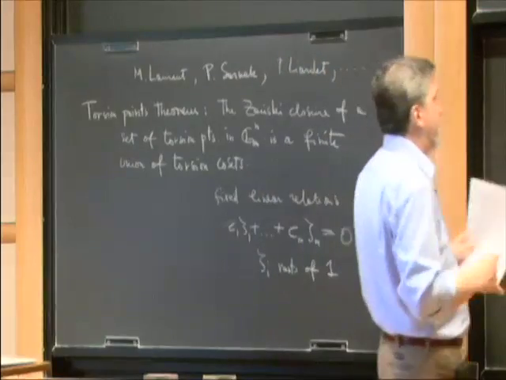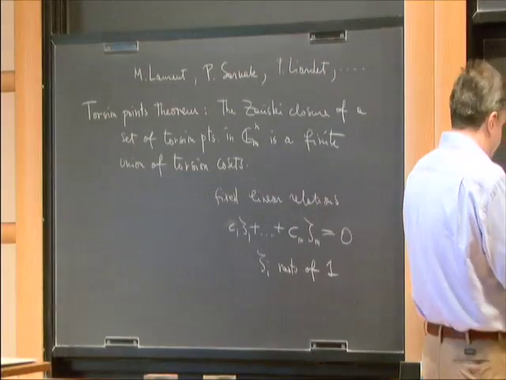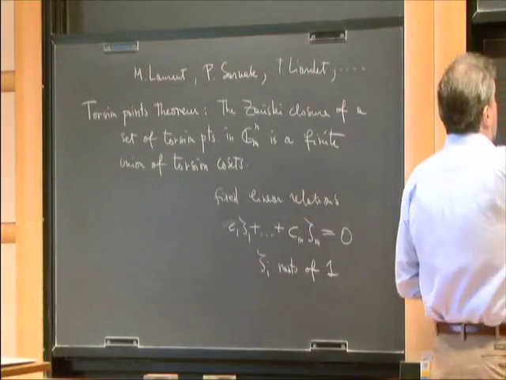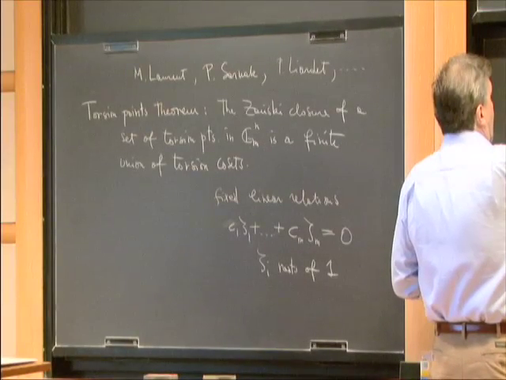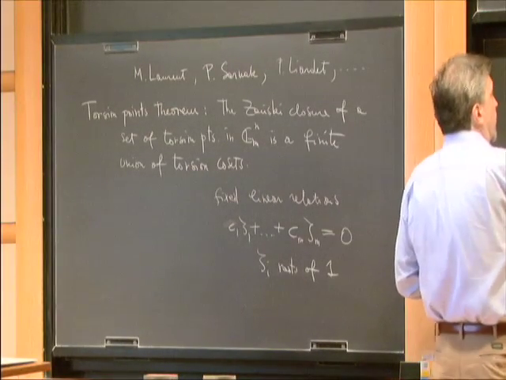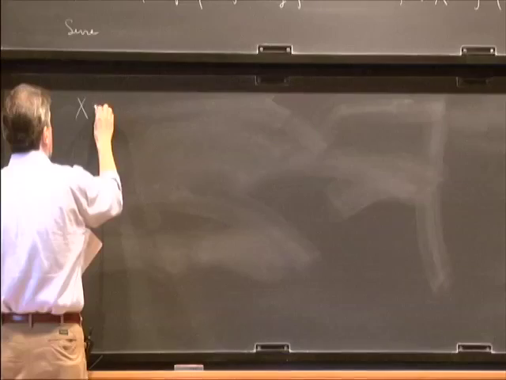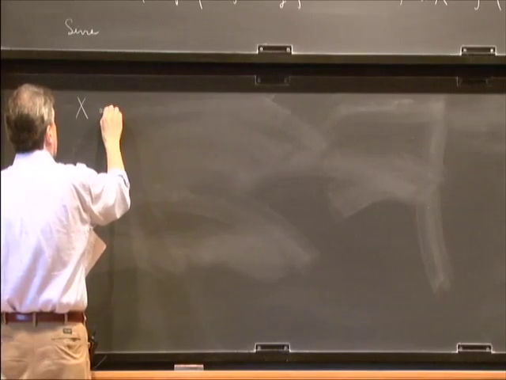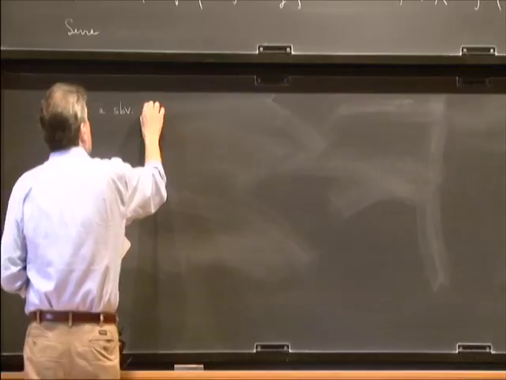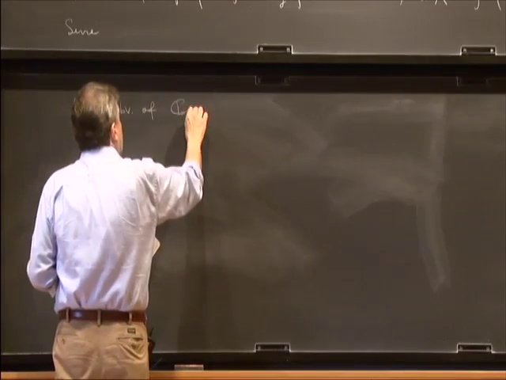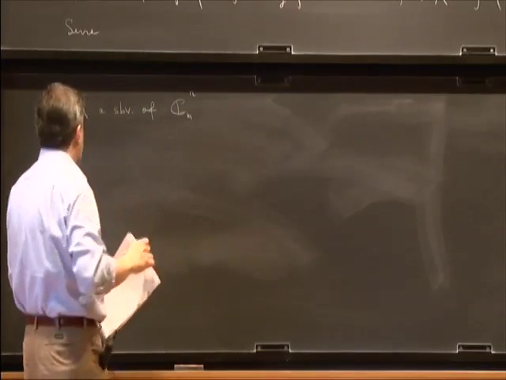the unlikely world. So let us take, again, we stay in the multiplicative group situation. We take a subvariety of Gm to the n.